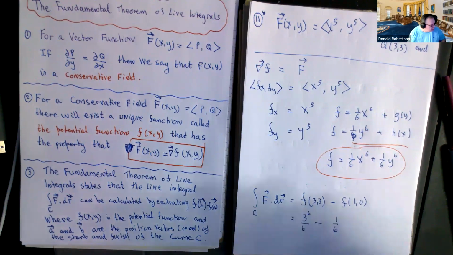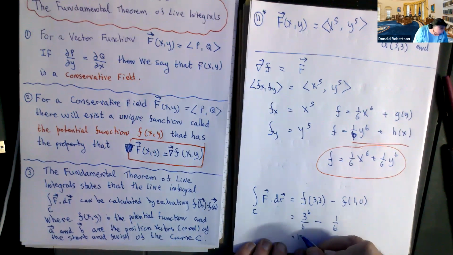And I've got a calculator around here, I've got an emulator. So 3 to the power of 6 is some huge, massive 729. Then divide that by 6, and you get 121.5.